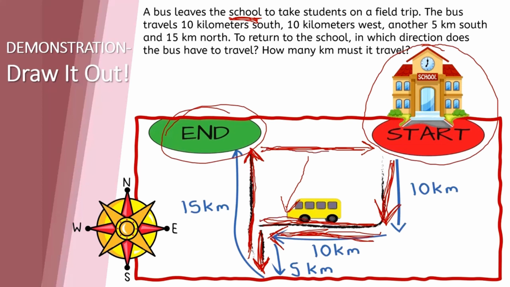So it just needs to go east 10 kilometers. And so see how much easier that was when we drew it out instead of trying to calculate all of that in our heads? So demonstration, you can draw it out, is a good form of demonstration.